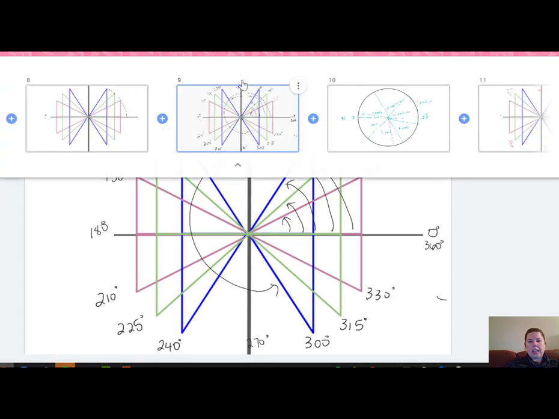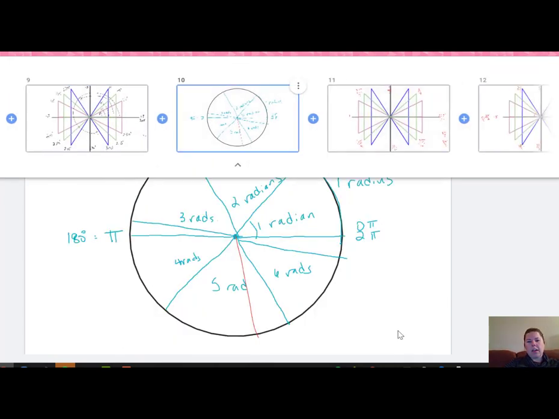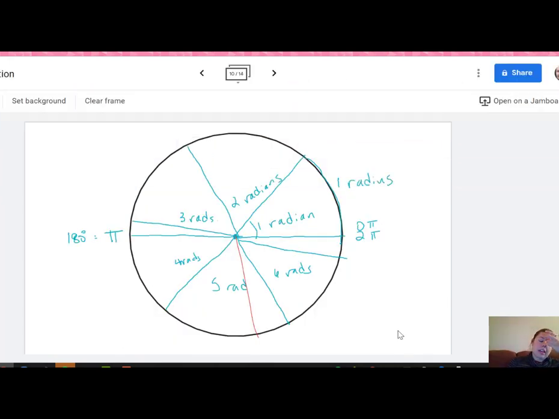And then the next thing we did was talk about radians. You might remember this from geometry, when you were changing from radians to degrees in the calculator and always had to change the mode.